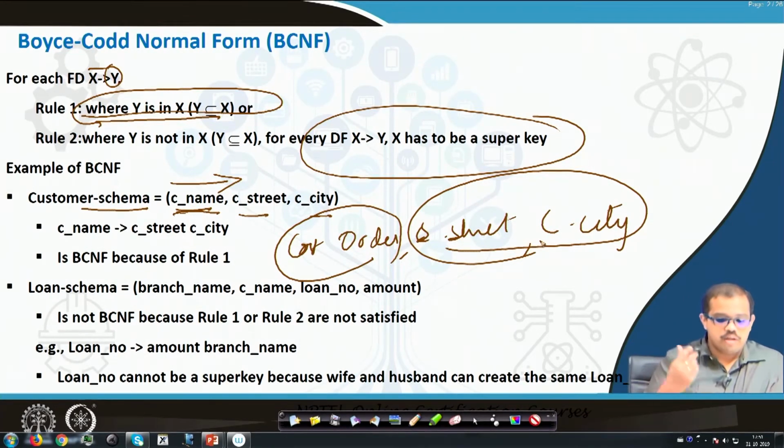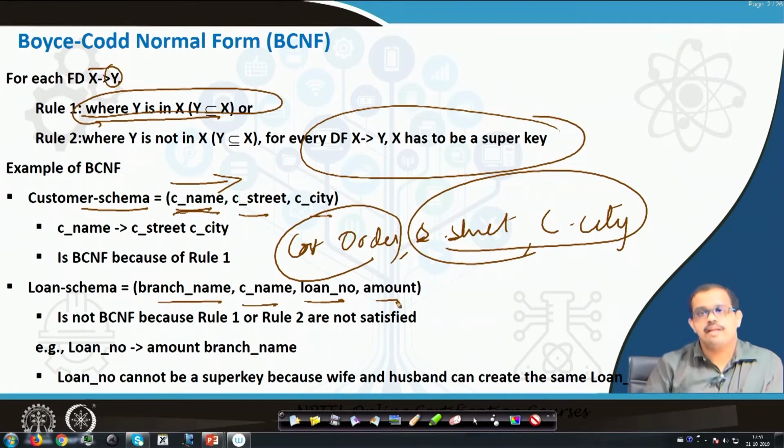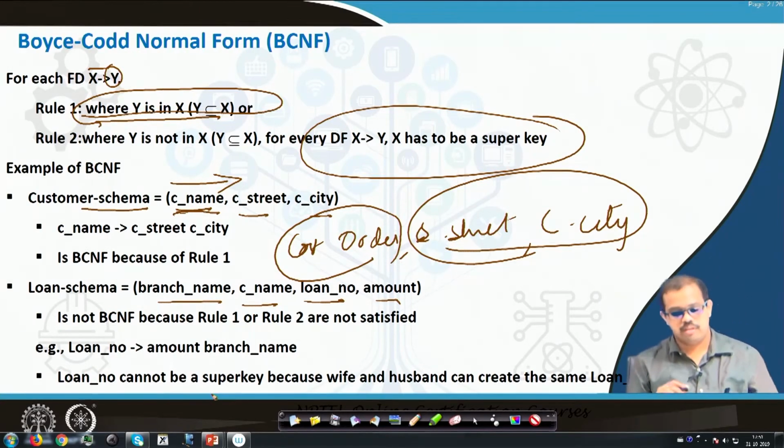Now, another very good example that can be taken is a loan schema. If you have a branch name, customer name, loan number and amount, this also cannot be in the BCNF or in the third normal form. Why? Basically, it does not satisfy both the rules. For example, for the second rule, loan number cannot be any super key here. What are you trying to define here?